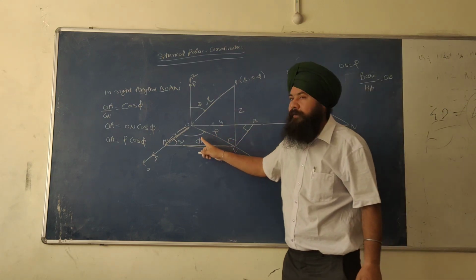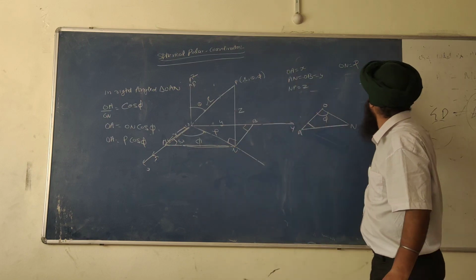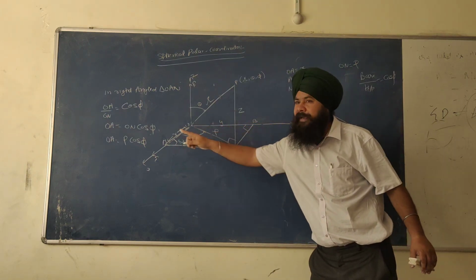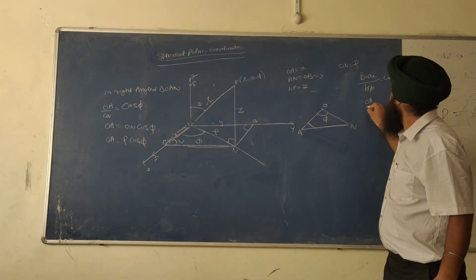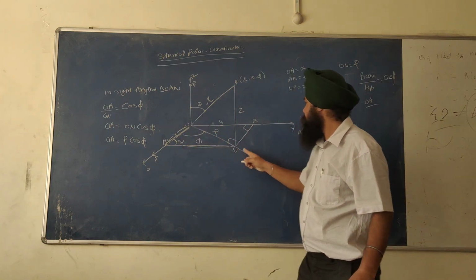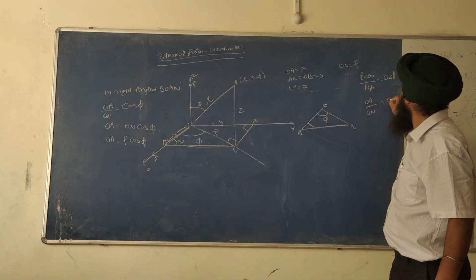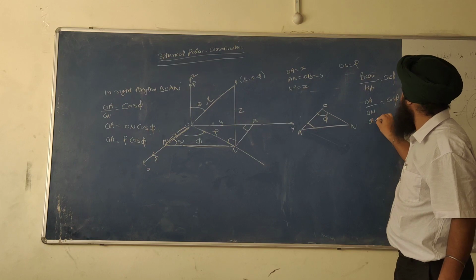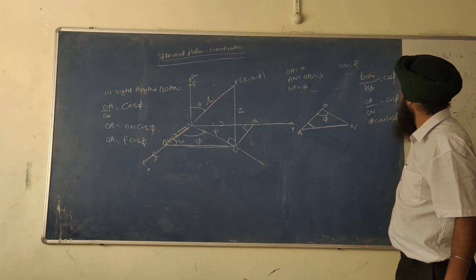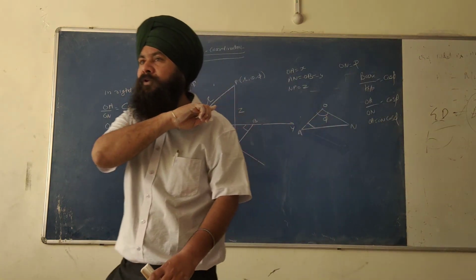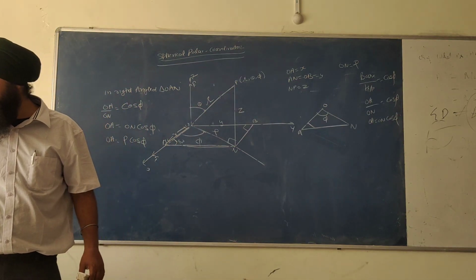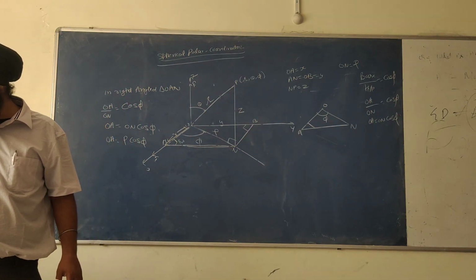What is angle? Phi. What is base? OA. What is hypotenuse? ON. So OA is equal to ON cos phi. Done. ये समझ आया सबको? Yes sir. Any doubt?